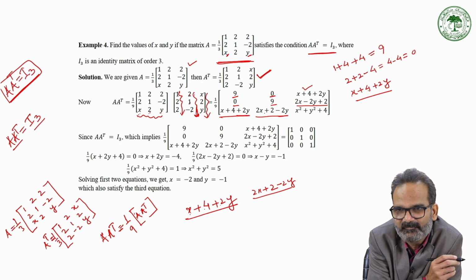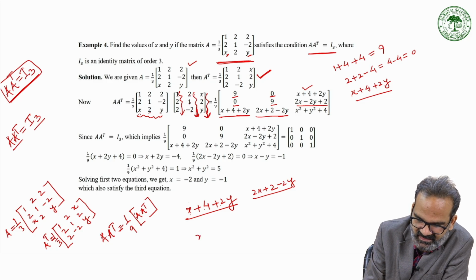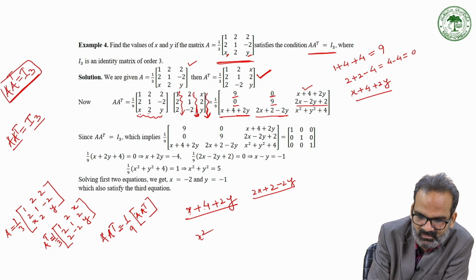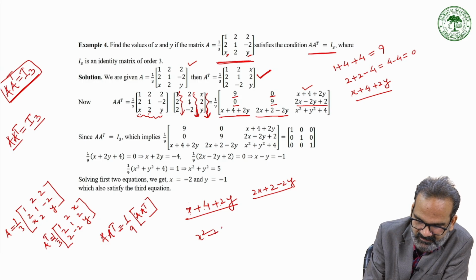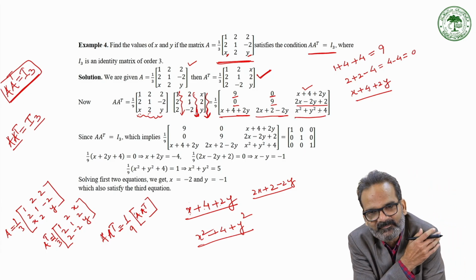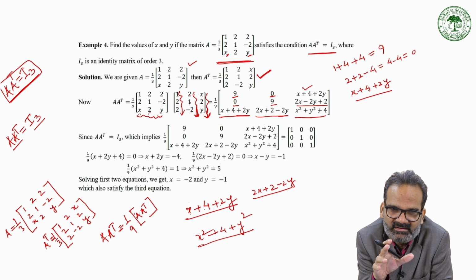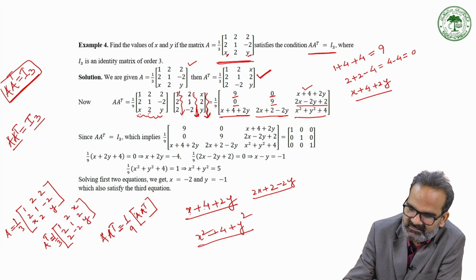Now the third row should be multiplied with the third column, last. x into x is x square, 2 into 2 is 4, y into y is y square. So we get x square plus y square plus 4, the third element, right. This is how we can multiply these two matrices to get the resultant matrix.